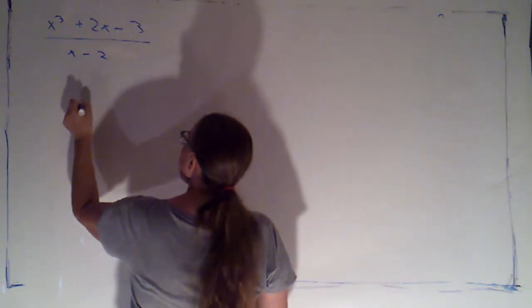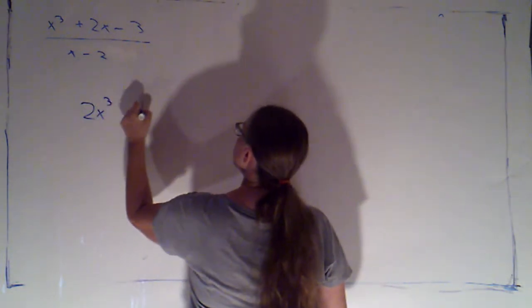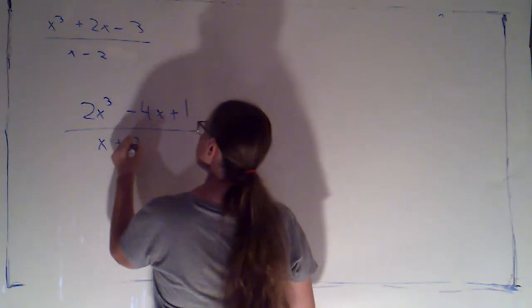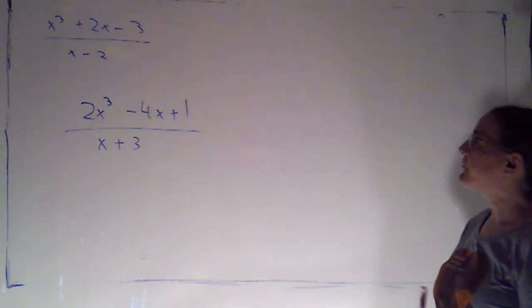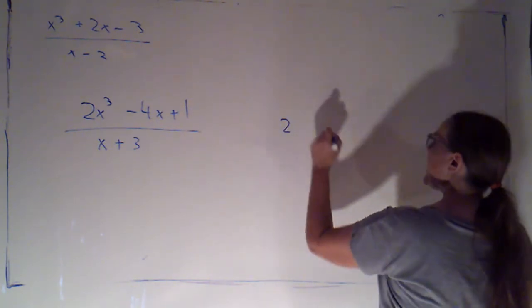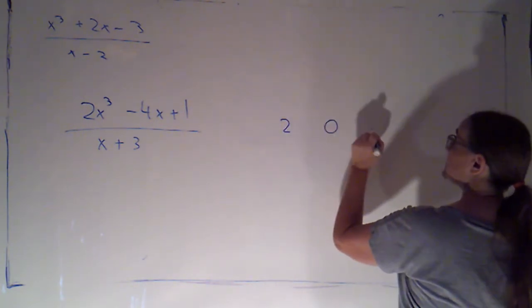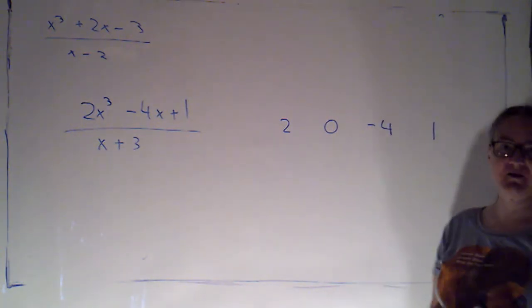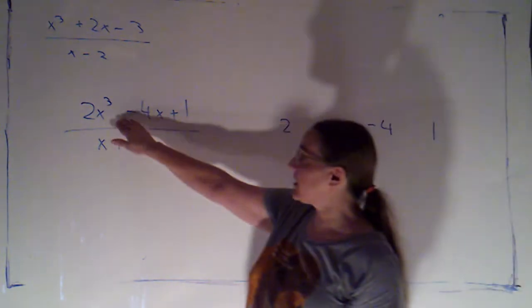Let's say I had 2x cubed minus 4x plus 1, and I wanted to divide by x plus 3. So for synthetic division, I'm going to say I've got 2x cubed, 0x squareds, -4x plus 1. Notice here we are missing a power.